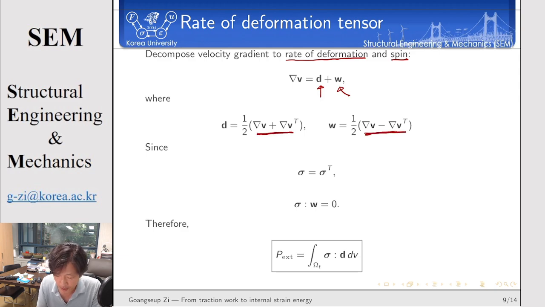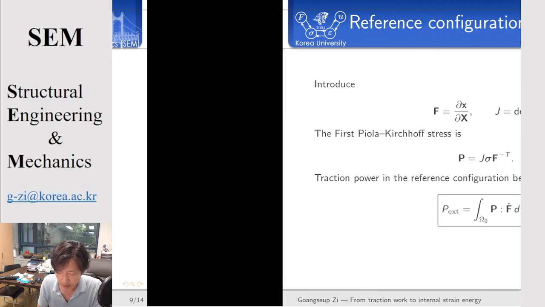Because the stress is symmetric, the contribution of the spin tensor to the work is equal to 0. Finally, we can obtain the form of power. The internal power is given by the stress tensor and the rate of deformation, and that is, in a dynamic problem, the counterpart of strain: the stress and the rate of deformation.